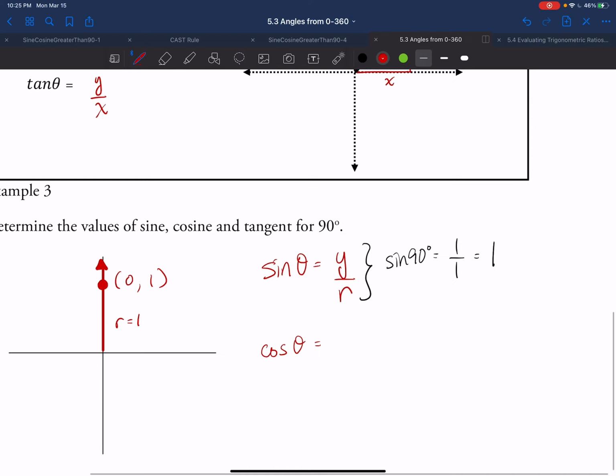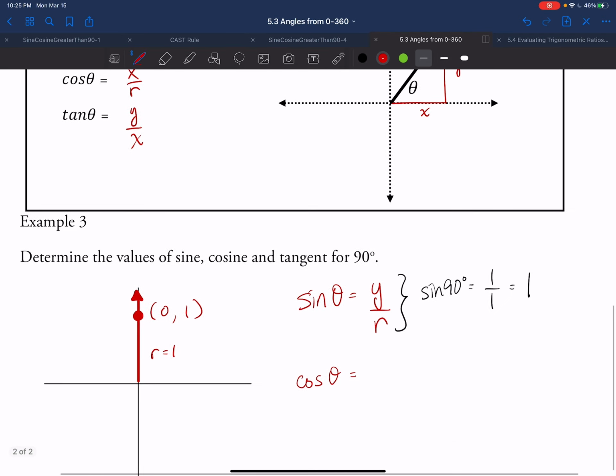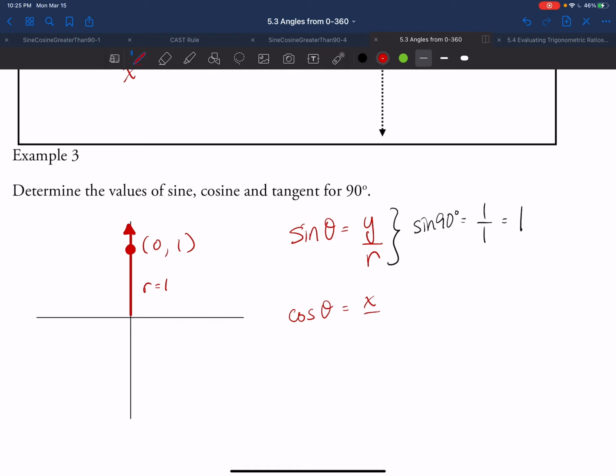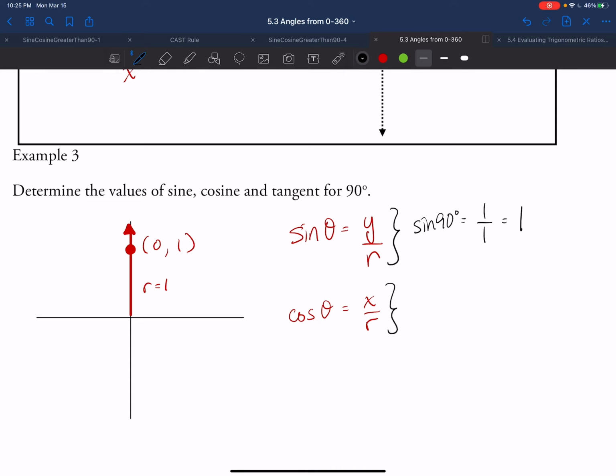So the cos of theta, if we go back up here, we figured out it's x over r. X is 0. R is 1. So 0 divided by 1 is 0. So the cos of 90 degrees is 0.